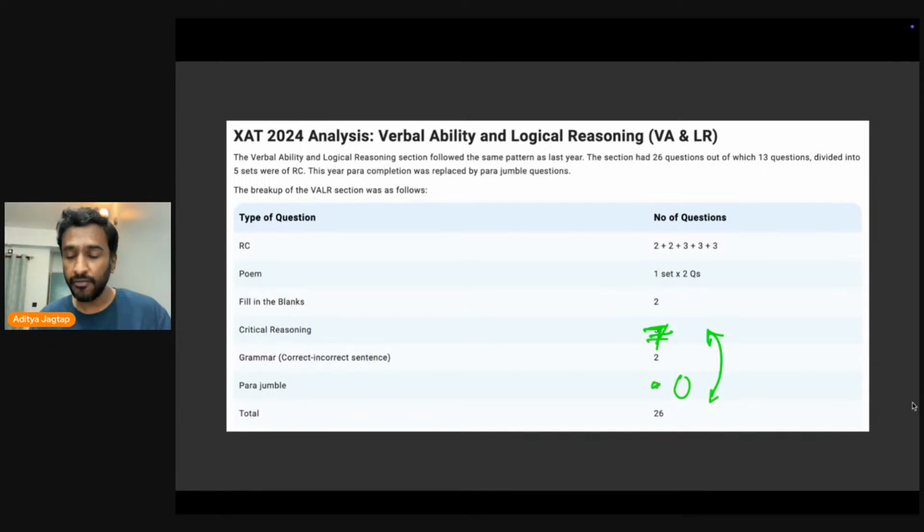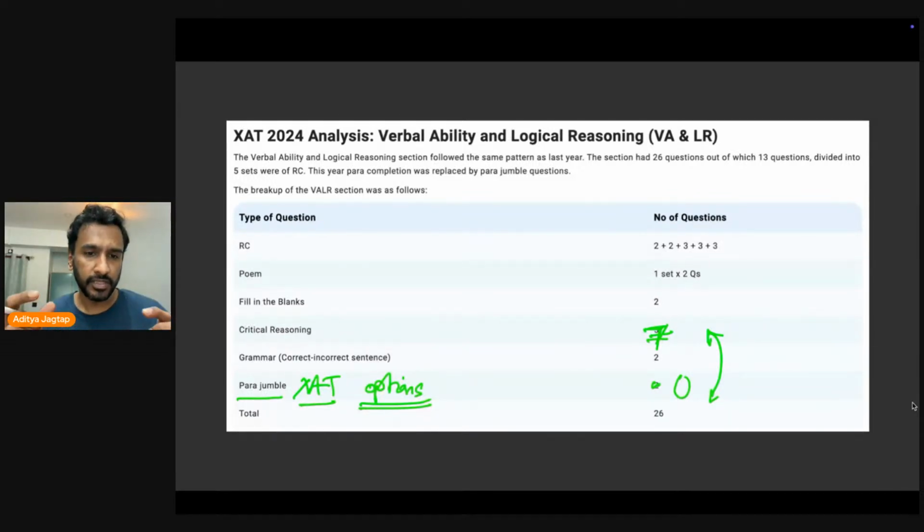One of the benefits of the ZAT parajumble is that, of course, it's a difficult question type. It's quite difficult, but it's unlike the CAT parajumble. The ZAT parajumble has options, right? It's not a TITA type. So since it has options, we can actually solve it faster, and we sort of have help. We can use the options to reconstruct the paragraph, and there is a level of accuracy.